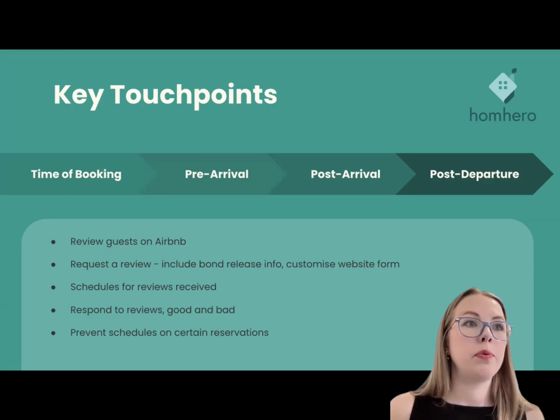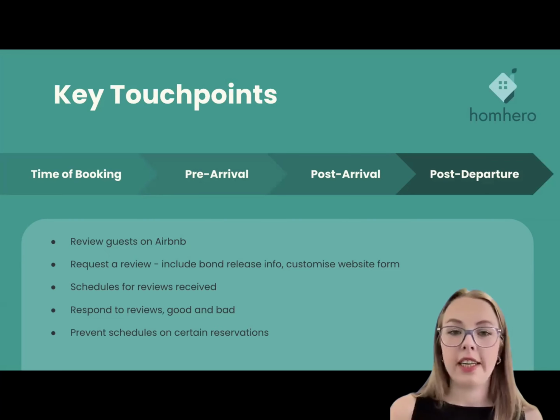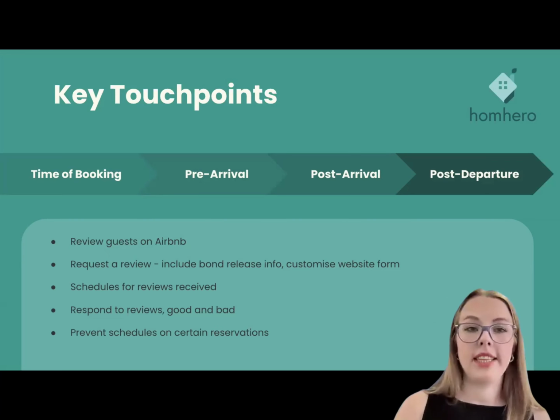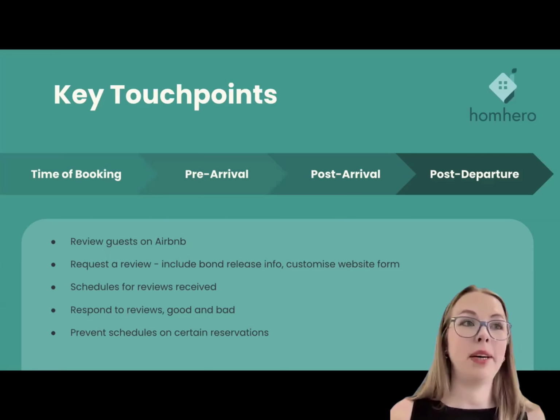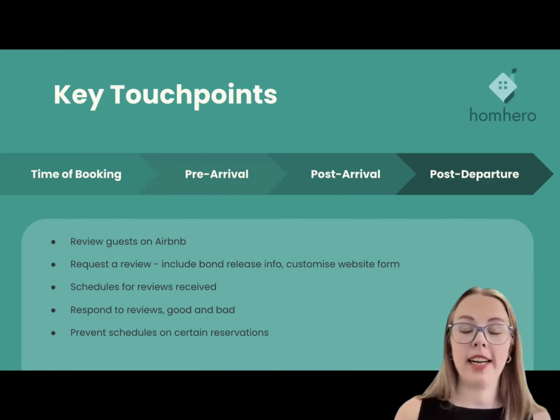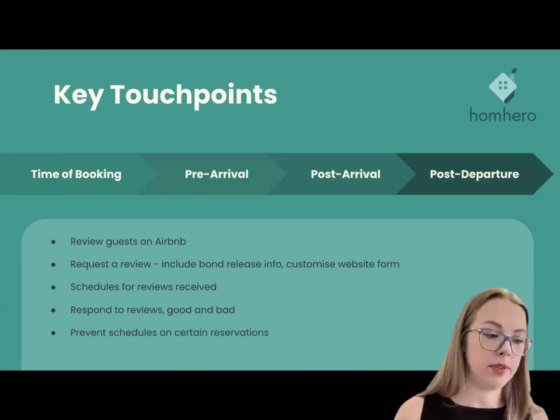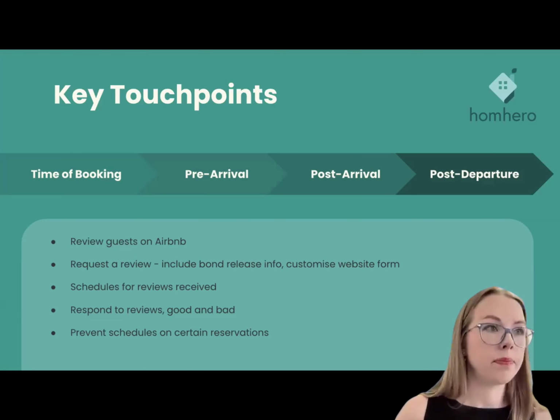Then when you do receive a review, you can set up a schedule to either notify yourself or thank the guest. Or if it's a negative one as well, you can maybe flag that and say, hey, this has gone to a manager for review.